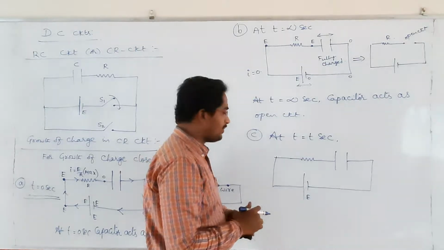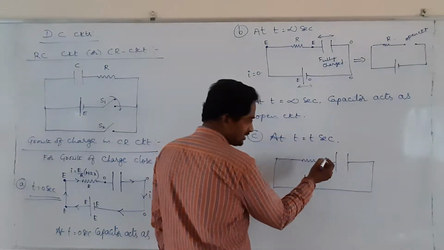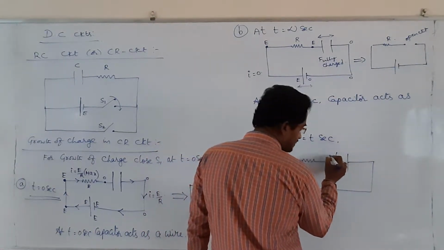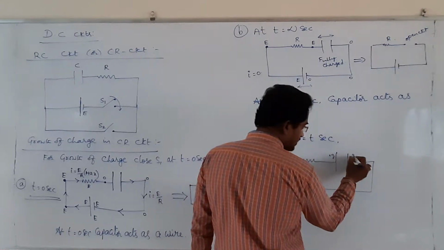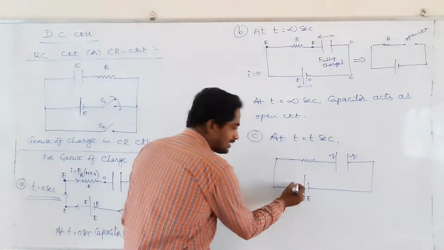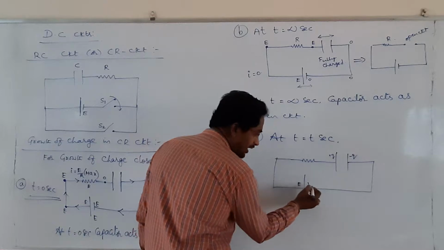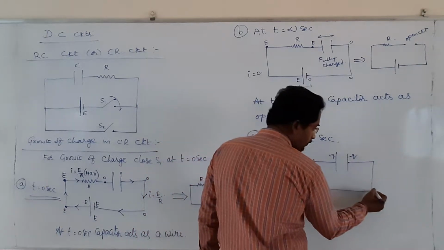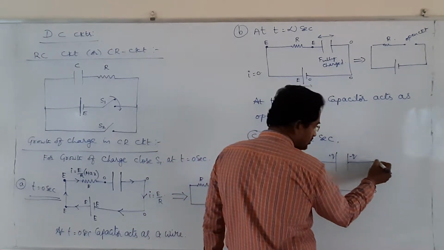At that moment, the charge stored on this plate is plus q and here minus q. Here the potential is 0, and here also 0.